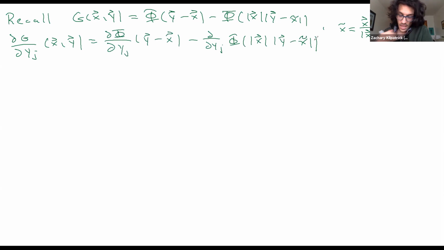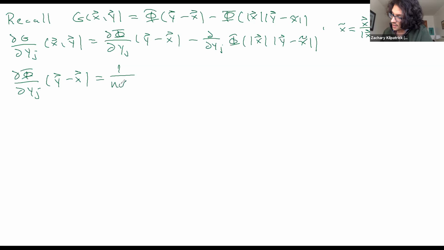Okay. And what are these things? Well, d phi dyj of y minus x in this case is going to be equal to 1 over n alpha of n, xj minus yj divided by the magnitude of x minus y to the n.